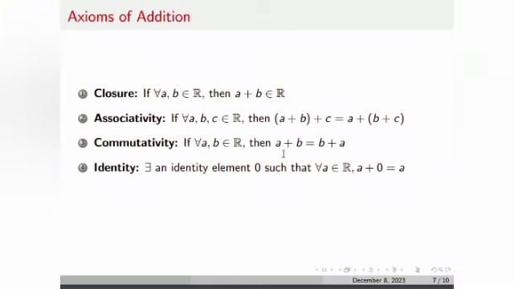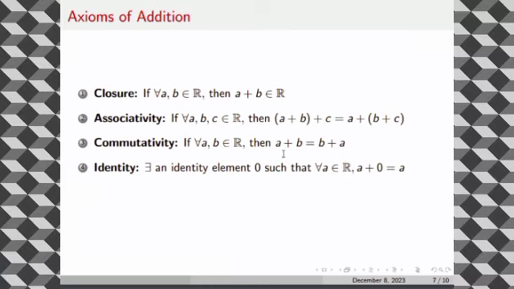Then comes identity. There exists an element, and this sign shows that there exists an identity element 0 such that for all a belonging to the real numbers, a may be any real number, then a plus 0, which is the identity, will always equal a.